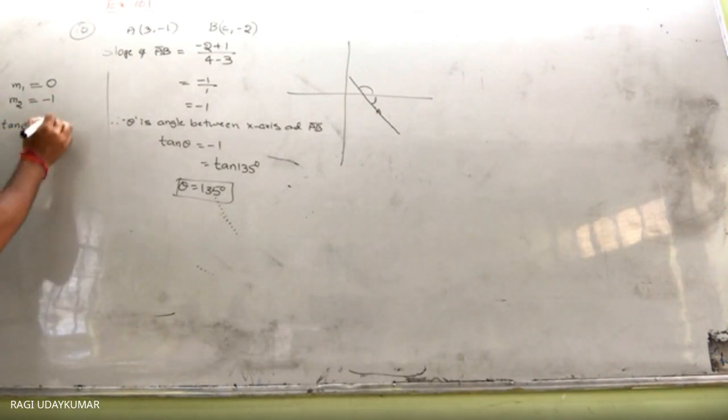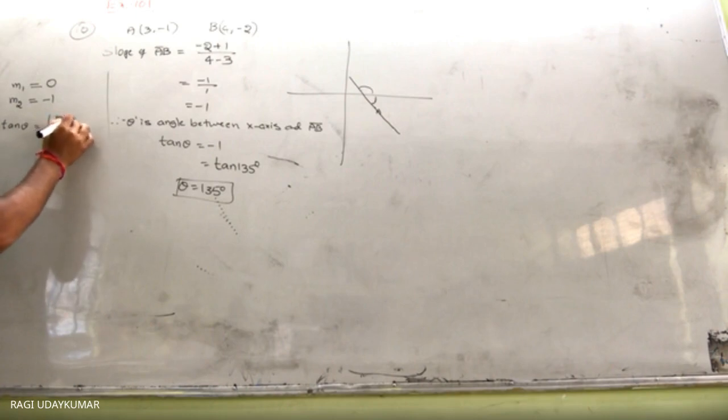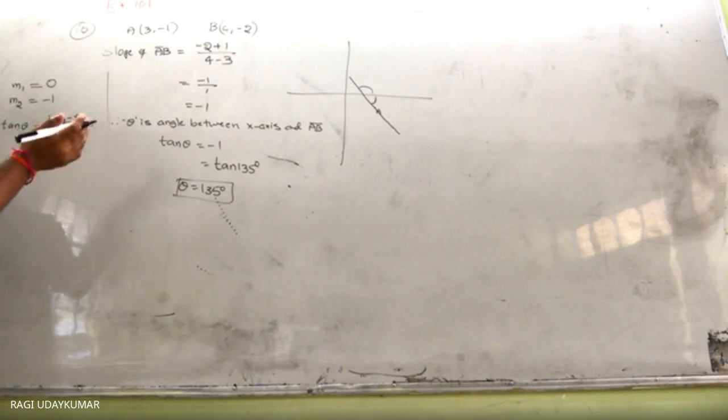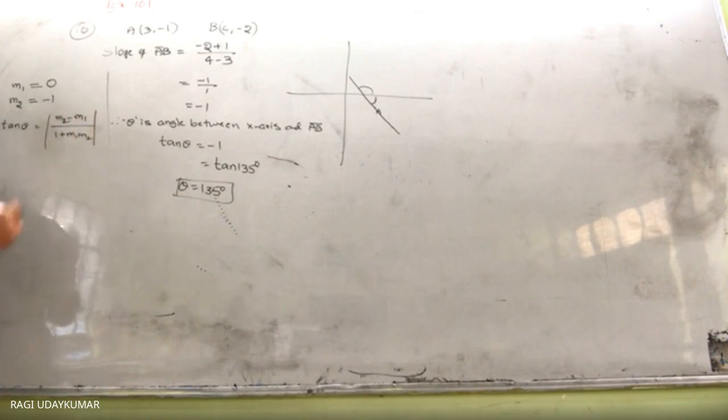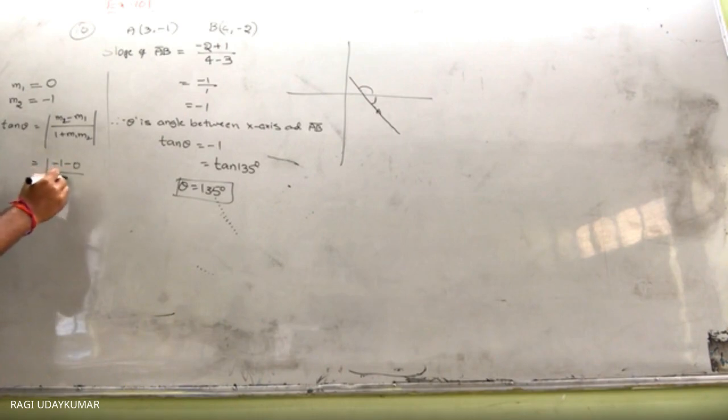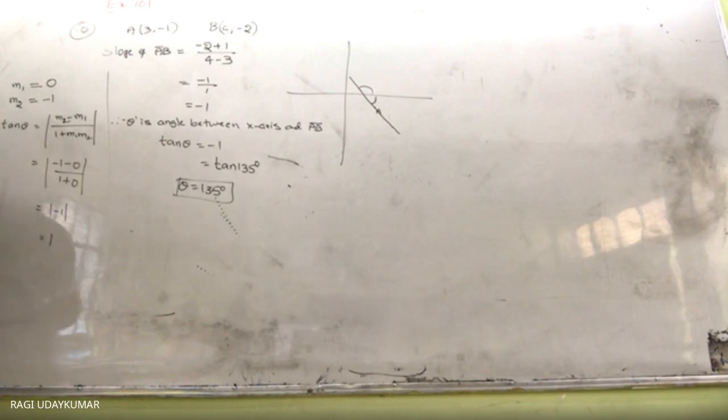Tan theta equals modulus of (m1 - m2)/(1 + m1 m2), which is modulus of (-1 - 0)/(1 + 0), equal to modulus of -1. In this case, 1 will come. So tan theta equal to 1 means theta equal to 45 degrees.